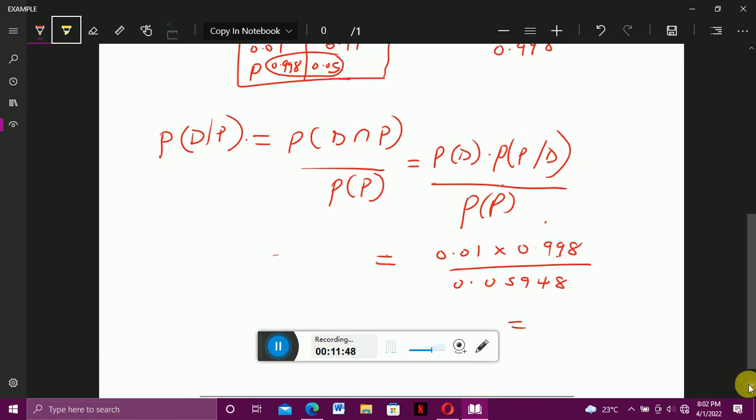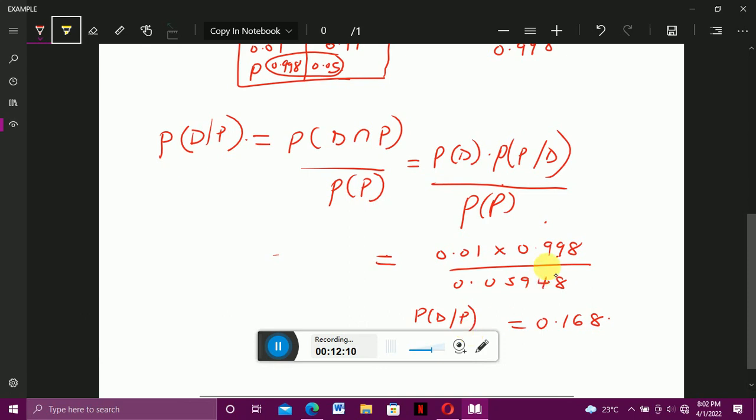Putting that together and dividing, we confirm that the probability that I have the disease given I have been given a positive result is 0.168.